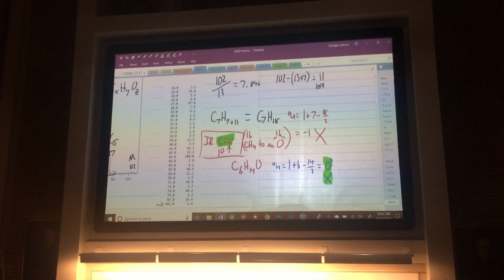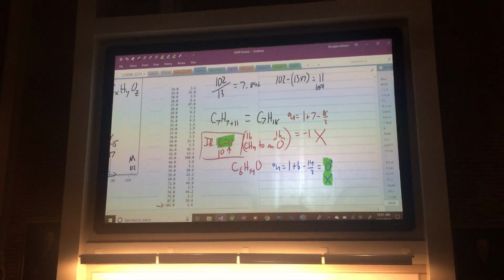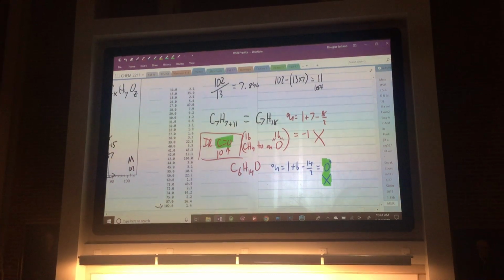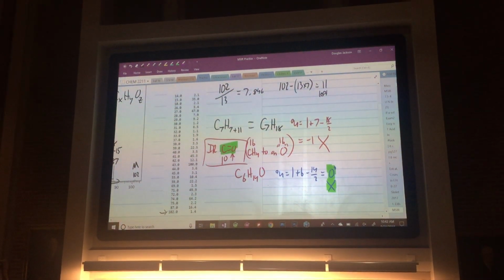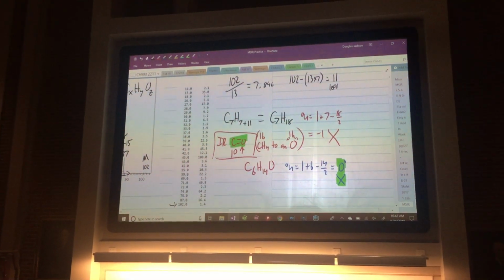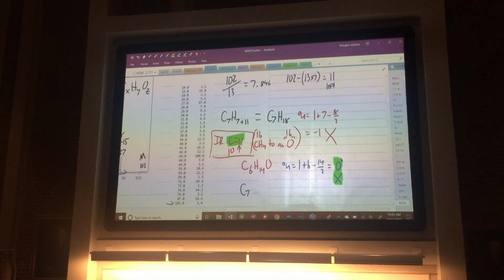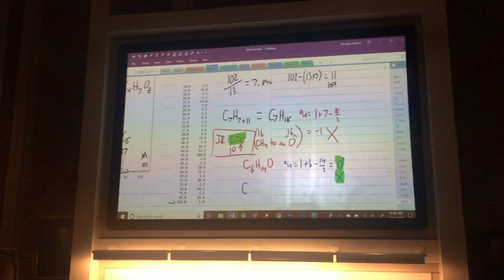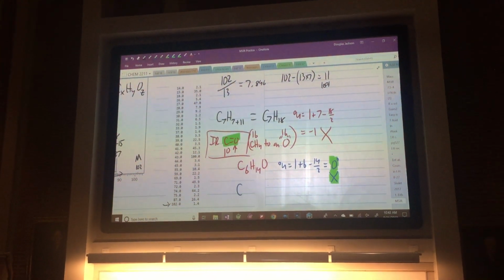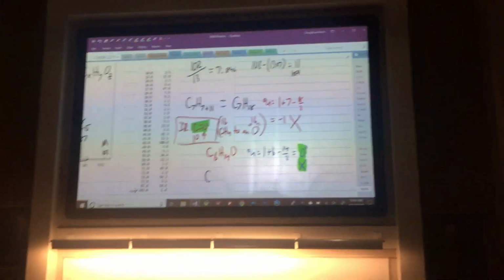There's no way to have a CO double bond bonded to a CH3 and have it weigh 31. It's got to be a single bond to oxygen. And that is evidence for our second oxygen. But you didn't need that. You could have just said, well, my degrees of unsaturation don't work out, I might need to add another oxygen. That's the other thing you can do.